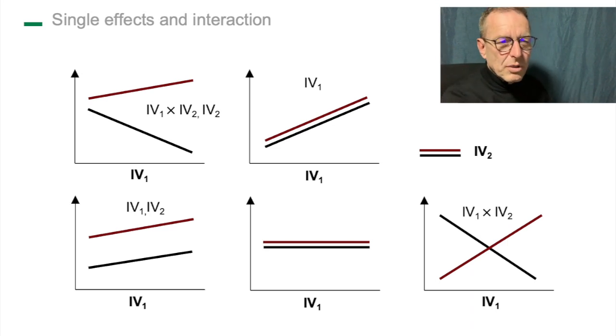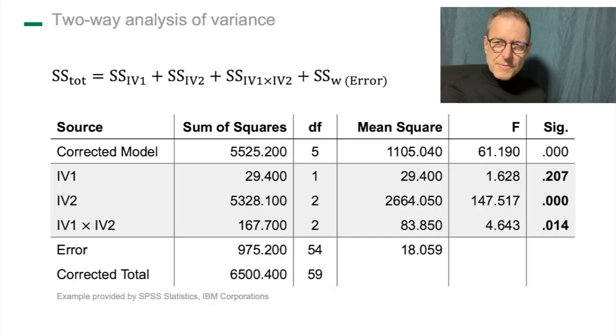And I would like to conclude with a very typical output from a statistical procedure. This is how it looks. This is how you would publish it in your article, in your report. And you see all the different components.